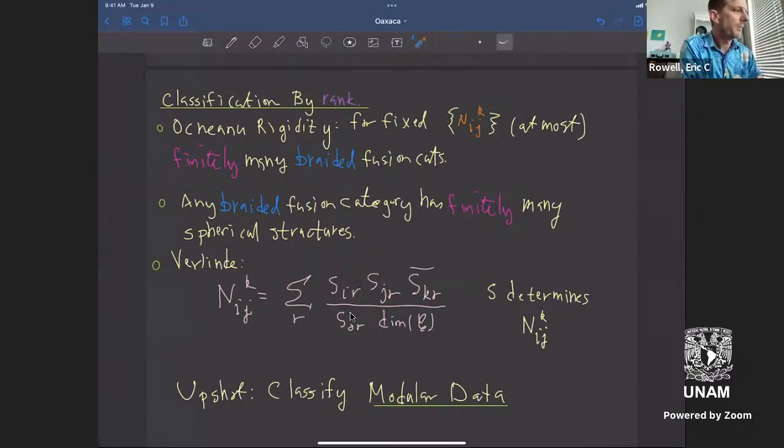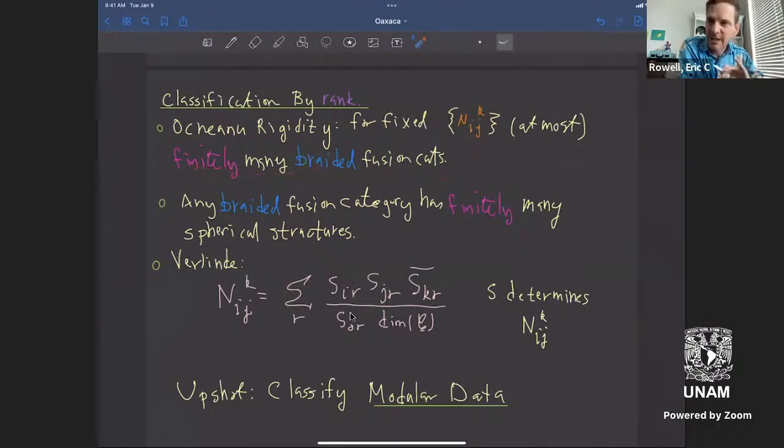So we want to try to understand all of the modular categories of a given rank. The first thing that really helps is something called Ocneanu rigidity, which says that once you've nailed down the fusion rules, these N_ij^k, there are at most finitely many braided fusion categories with those fusion rules.